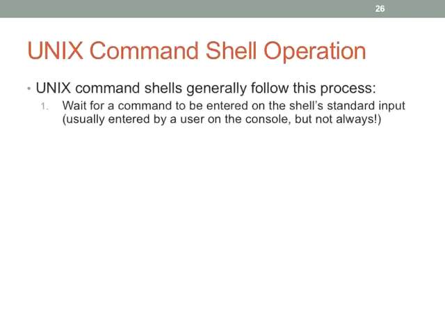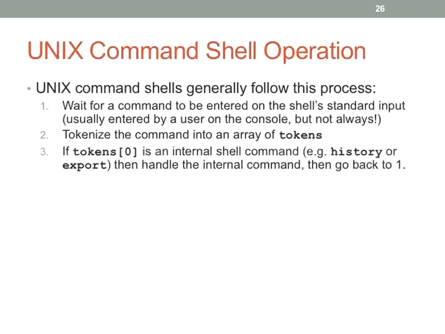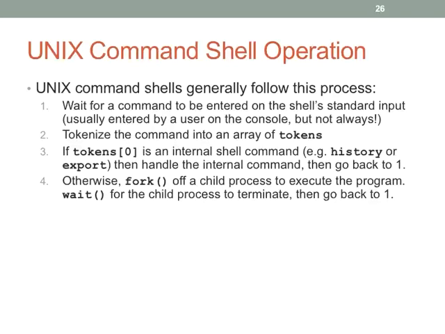Okay, so command shells basically follow this process, and I think that we're all generally familiar with it, so I'll run through it. Wait for a command to be entered, tokenize the command. If the first token is an internal command, handle it. That tends to be done separately inside the command shell, then go back to the first statement. Otherwise, fork, and then wait for that child process to terminate, because the command shell shouldn't show a prompt in the middle of whatever the program is doing.